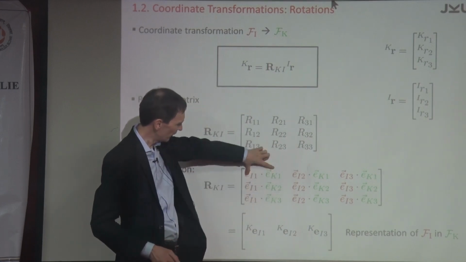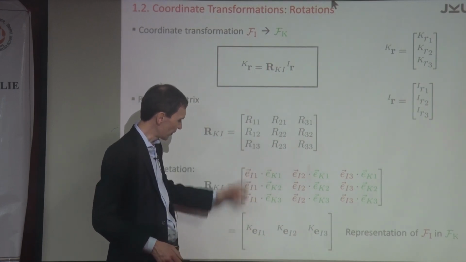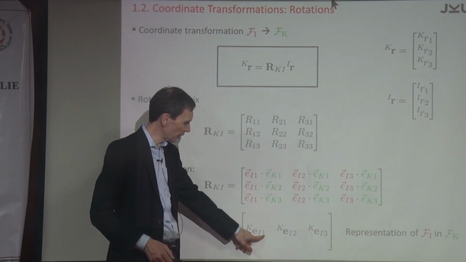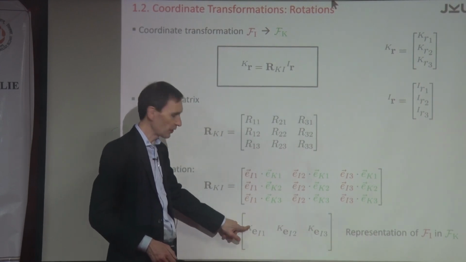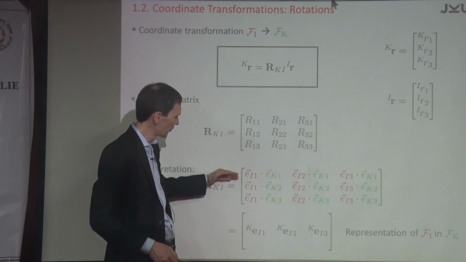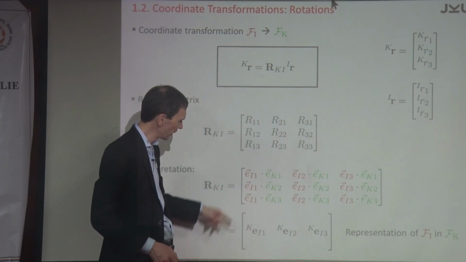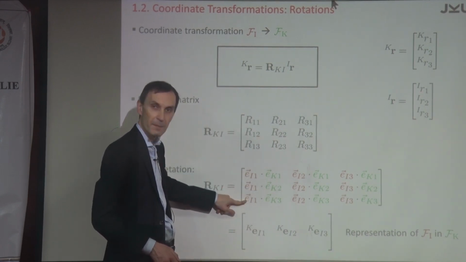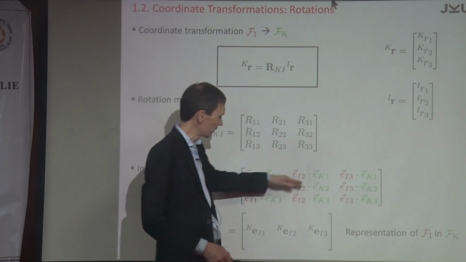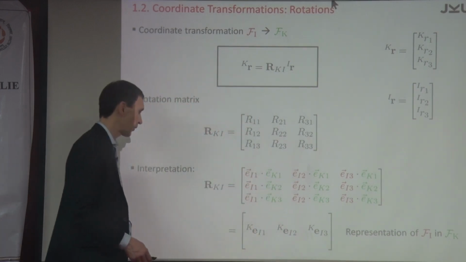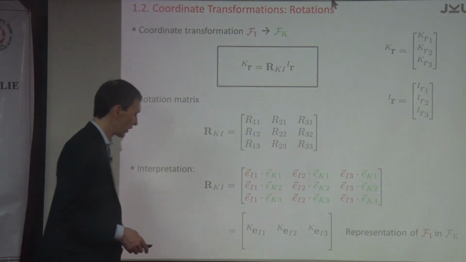So this vector here is the representation of one axis, in the I frame represented in the K frame, because you do the scalar product with the respective axis of the green frame in the one frame. And this is the meaning of the columns of the rotation matrices.